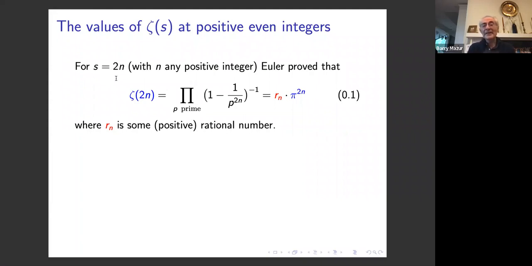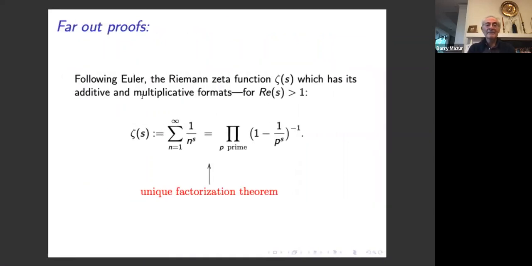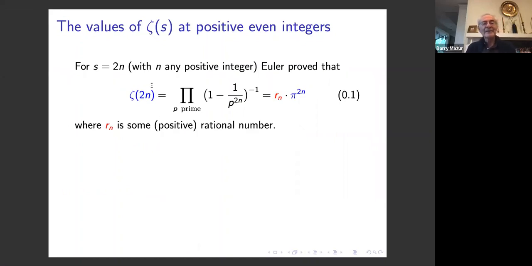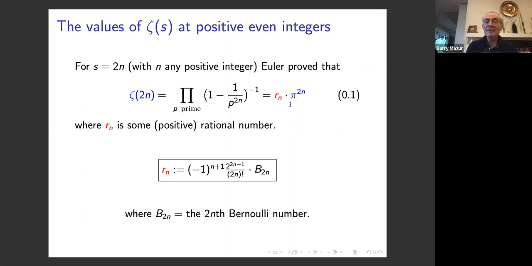So for s equals 2n, any positive integer, Euler proved that the value of the zeta function at 2n, which I could write in terms of that infinite product description if you want, is a positive rational number times the 2nth power of pi. And it doesn't matter what that rational number is; it happens to be a simple number times the 2nth Bernoulli number.